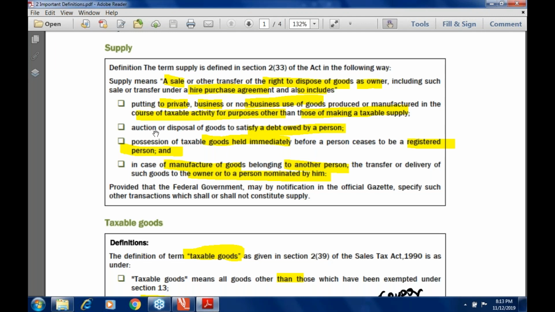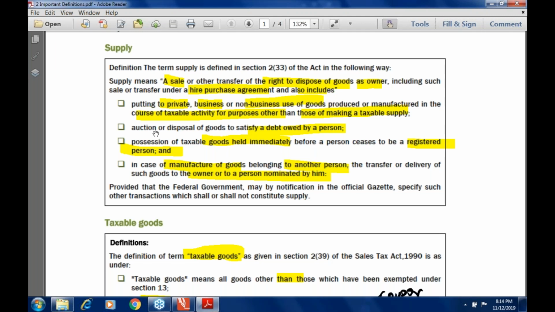Like if we have mortgaged some goods to our bank, and the bank actually sells those goods, that is going to be considered as if the supply has been made by the person.